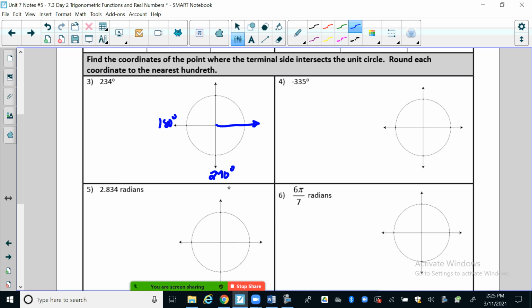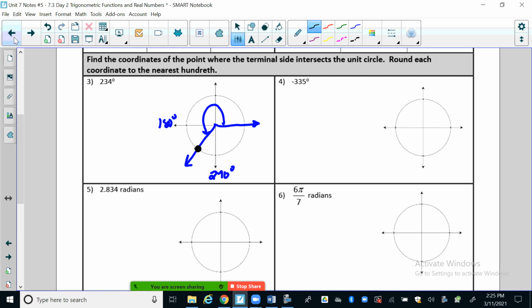So 234 is fairly in the middle between those two, a little bit closer to 270. And we want to find the coordinates of that point.